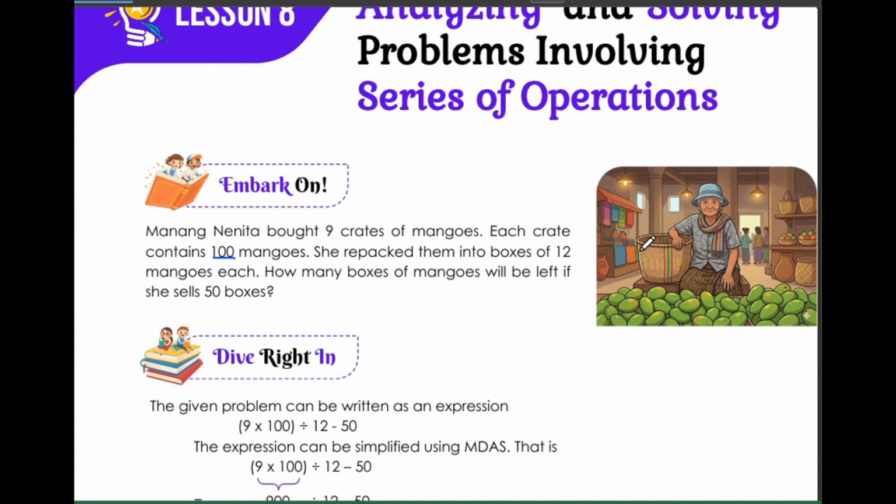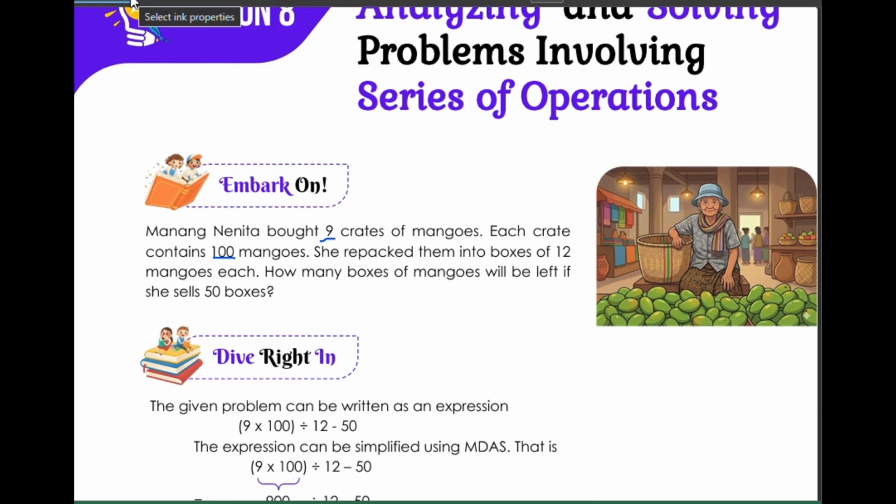Then, Mang Ninita repacked them into boxes of 12. The answer we get, 900, we're going to divide by 12 because she divided those mangoes into boxes of 12.